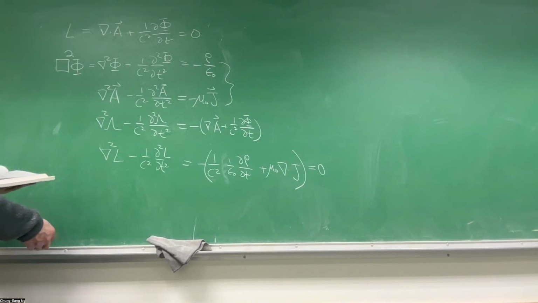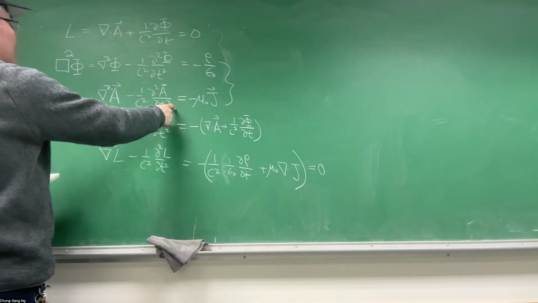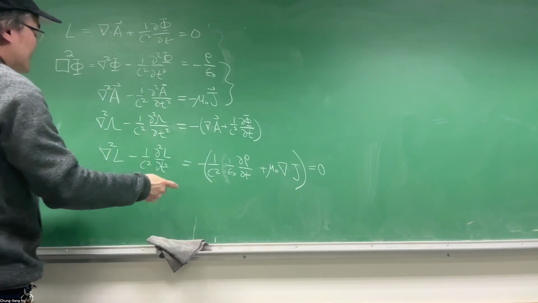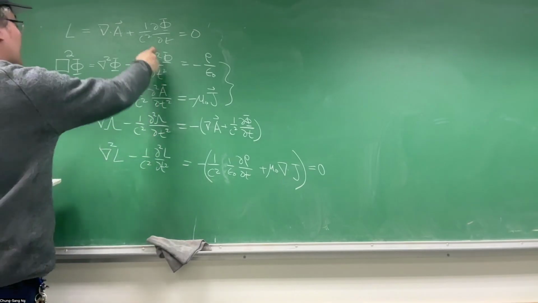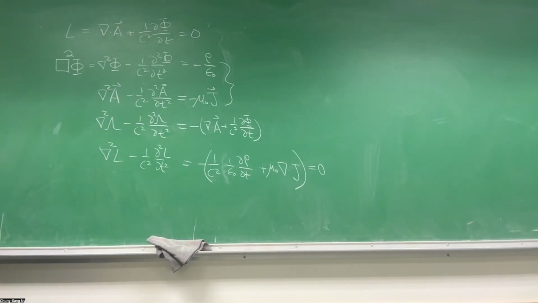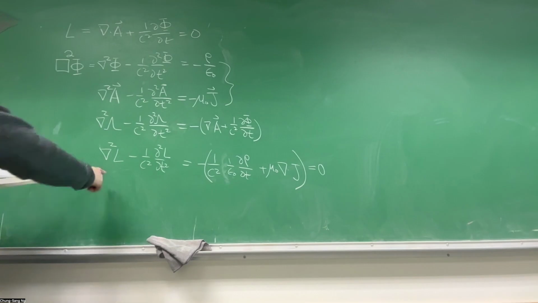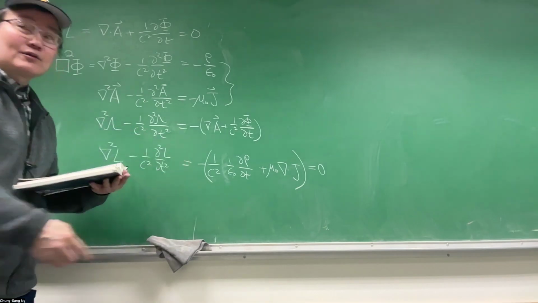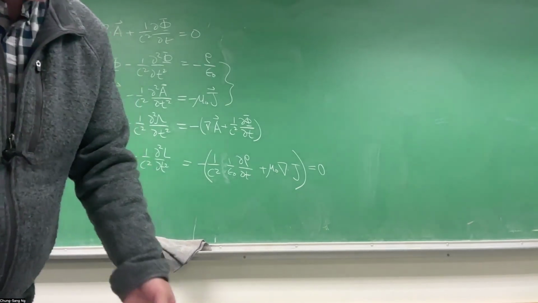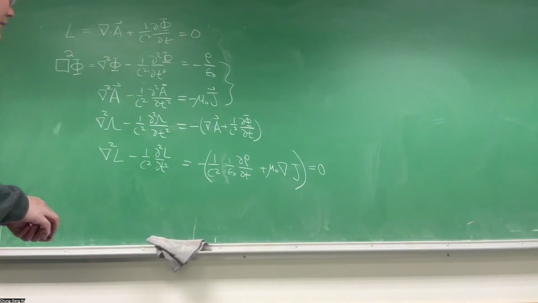So that's another way to show that once you solve it and take care of the initial condition, making sure the Lorenz gauge condition is satisfied, then it will always be satisfied because the right-hand side is homogeneous. Okay, so that is the Lorenz gauge.